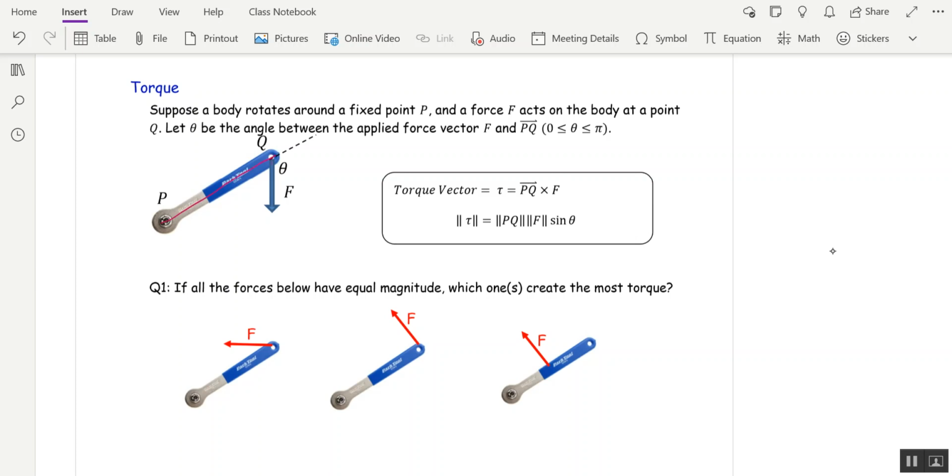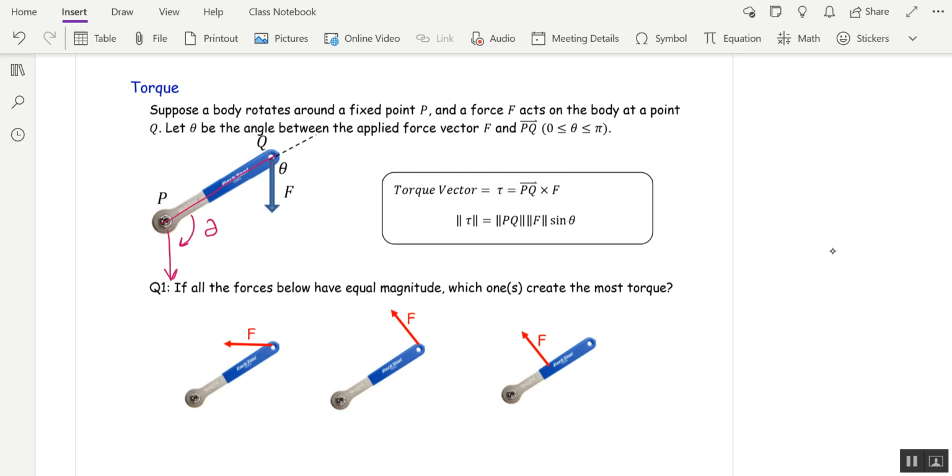Typically, I'm going to apply it to the end of the wrench, but if I move the force vector down here to standard position, letting P be the origin, then this is my angle theta, and the magnitude of the torque is the length of the lever arm times the length of the force times sine of the angle between the force and the lever arm.